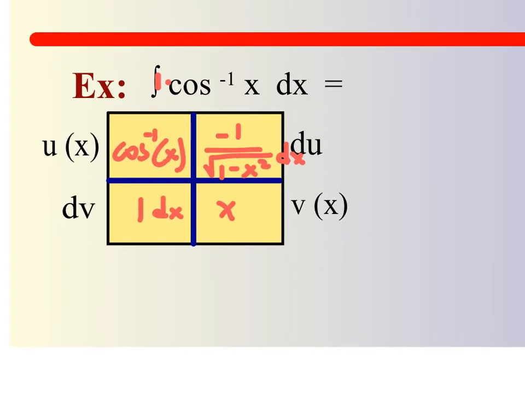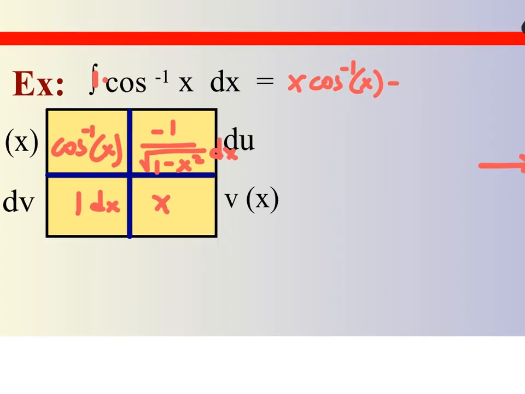So here we go. uv, which is x times inverse cosine, minus the integral of v du. Let's pull that negative that was in here out here, make that a plus. That would be x over the square root of 1 minus x squared dx.